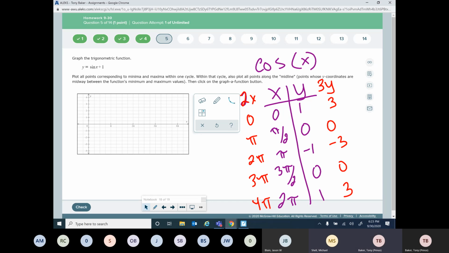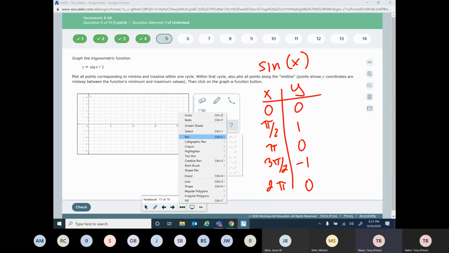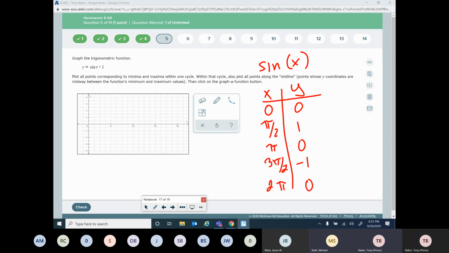All right. So now this one is sine of x plus 1. So go back to my sine parent function. Now this one, the plus 1 is on the outside. If they wanted the plus 1 on the inside, they would have written it like this.